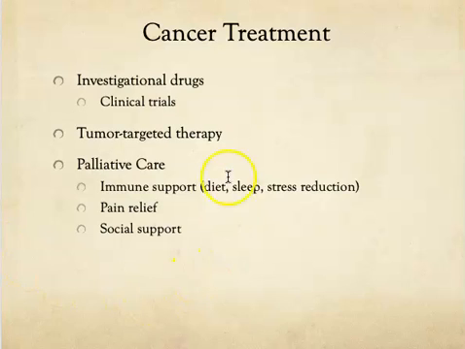All of these palliative treatments are designed to improve the body's ability to fight off the cancer by itself. The human body and the human immune system are remarkable in their ability to heal themselves.